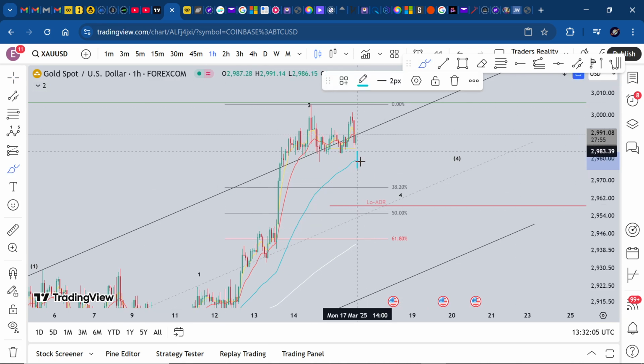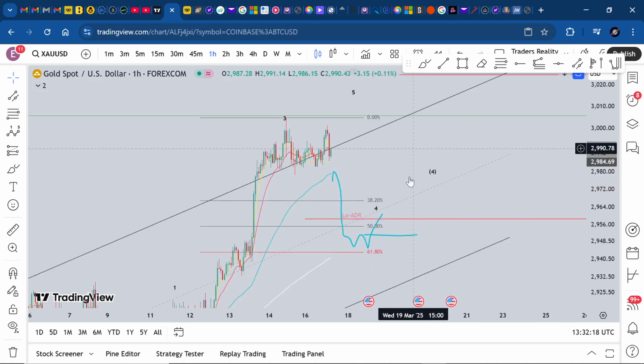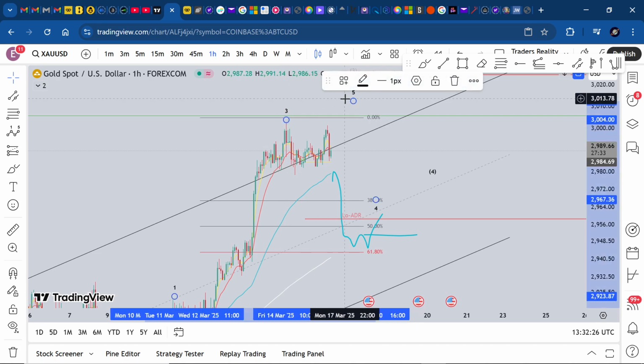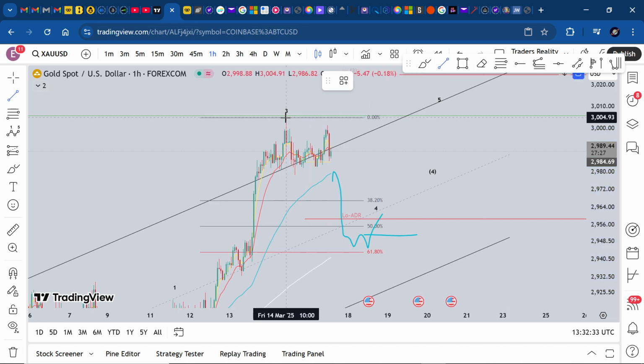So say price did, I'm not saying it will, but if it did come down there and give any signs of accumulation, break structure, I'm buying that, providing we don't touch the 618. I'm definitely buying it. Stop loss will be at the 618 or the low created before the break structure, and I'll be aiming for a high above the prior third wave. So I'll be aiming to take out this level.